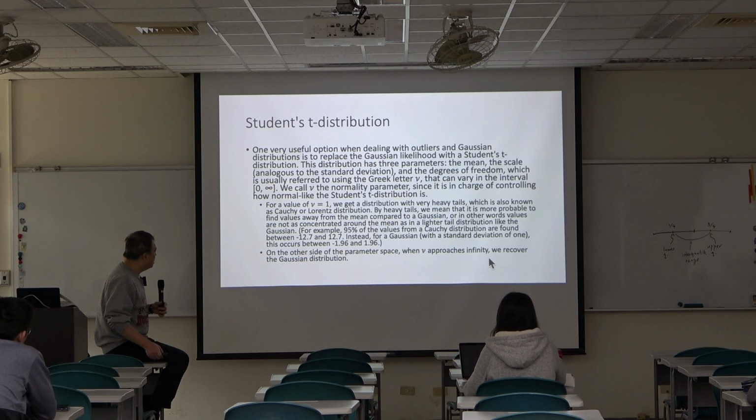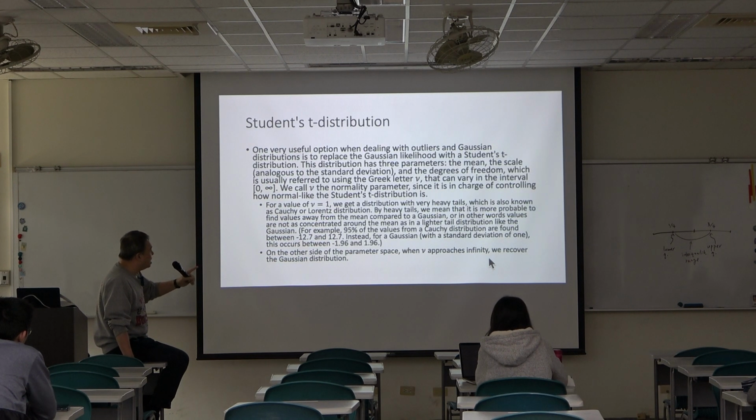As an example, 95% of the values from the Cauchy distribution, in this case when V is 1 in the student t distribution, are found between negative 12.7 and positive 12.7.